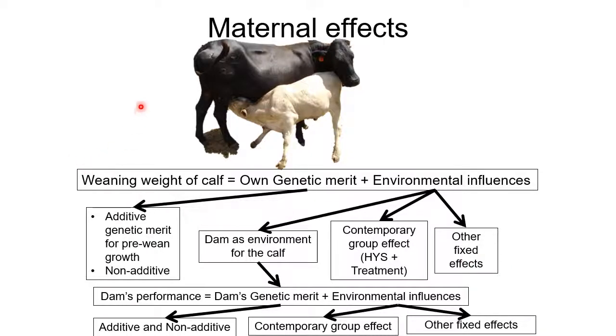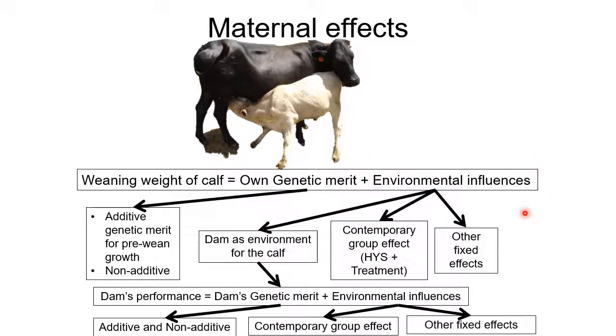So you can already see that in terms of maternally influenced traits, we have very complex models where the weaning weight of the calf is not simply because of the additive effect of the calf, its genetic merit, and some environmental influences.